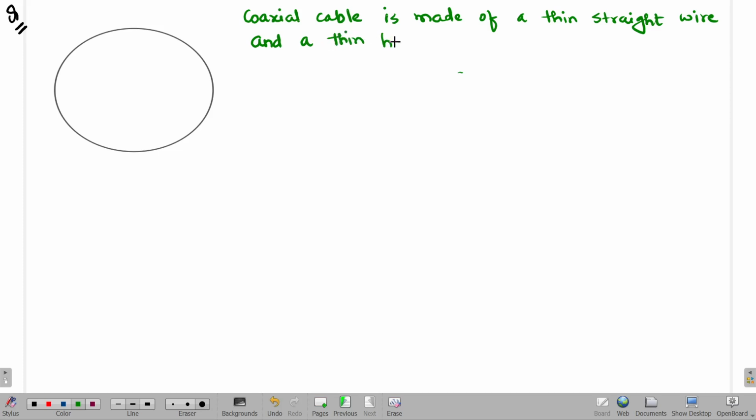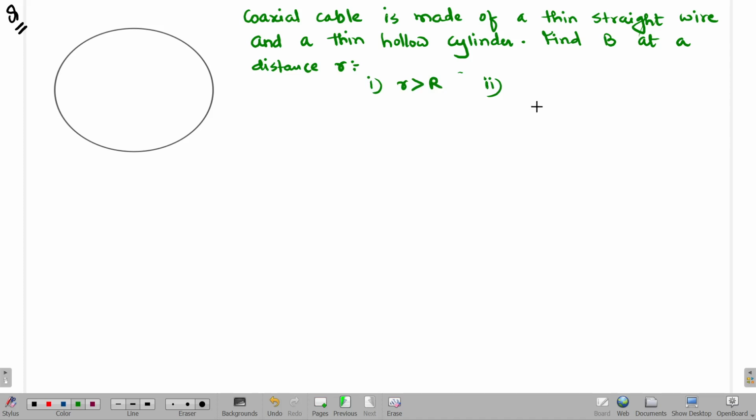Find the magnetic field at a distance r, when first case r is greater than capital R, second case r is less than capital R.